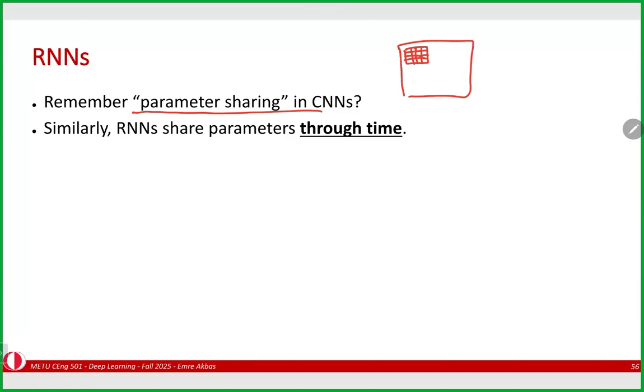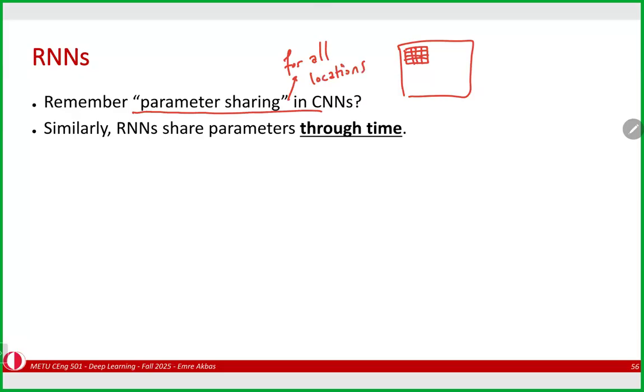All locations share the same parameters for a given convolutional kernel. And of course, if you have another convolutional kernel, it has different parameters, but those parameters are also shared among locations. Parameter sharing for all locations.